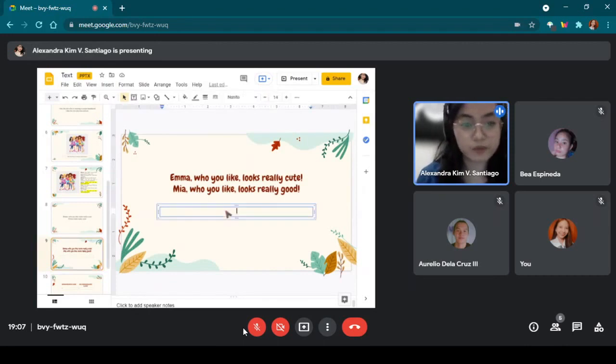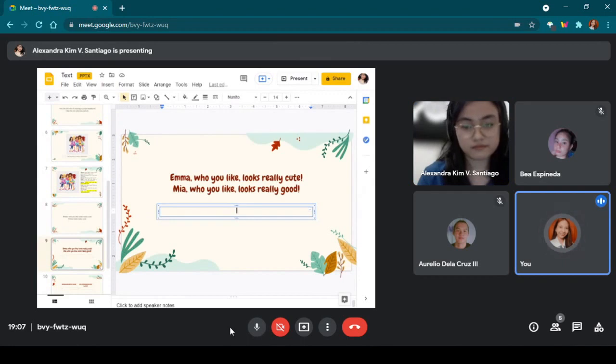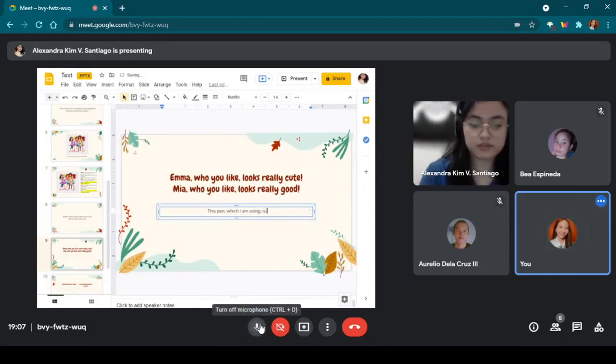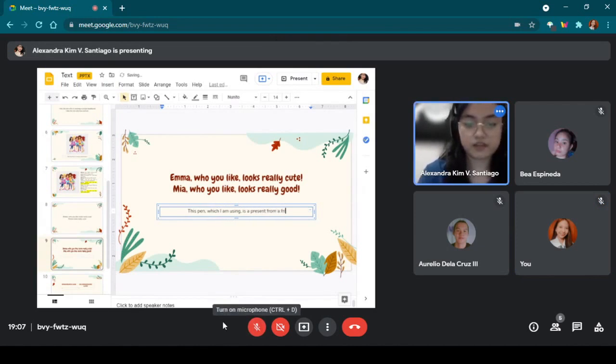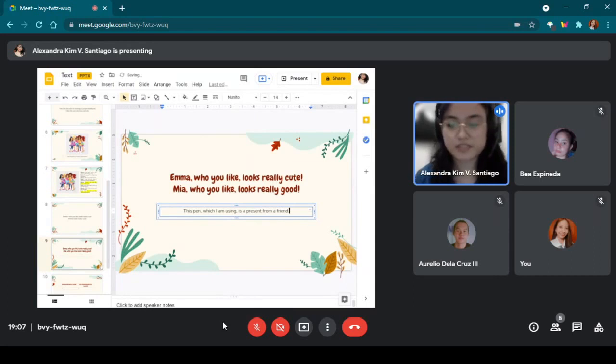Let's have Miss Raimundo. My example is, this pen, which I am using, is a present from a friend. Thank you, Miss Raimundo.